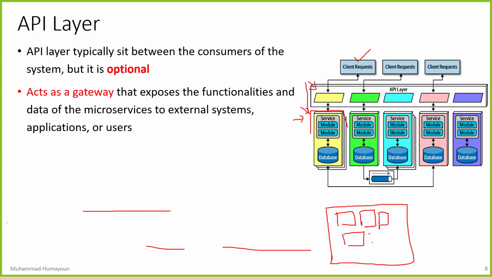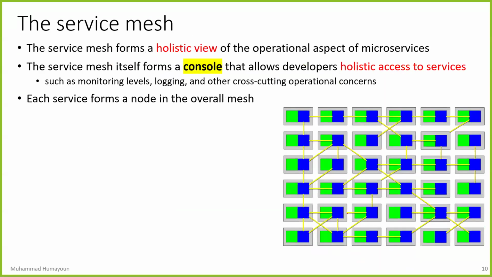showing me the situation of these services, how they are performing, how much under stress they are, how free they are. When the system is up and running, the banking system or any other major system, financial system, we want to monitor it while it is running. For that kind of monitoring, we need some kind of console that gives us a holistic view of our whole system, because microservices are really micro, one functionality in one service.